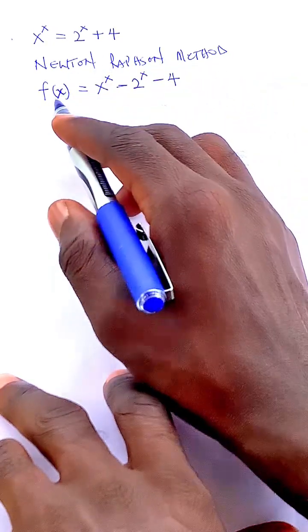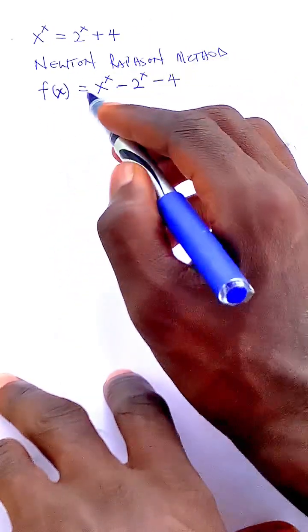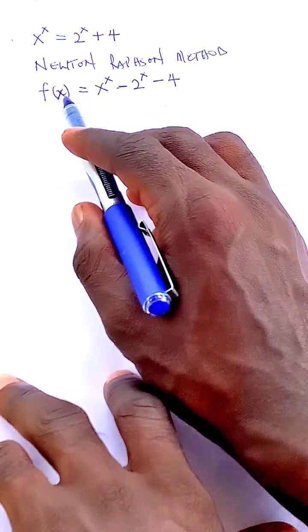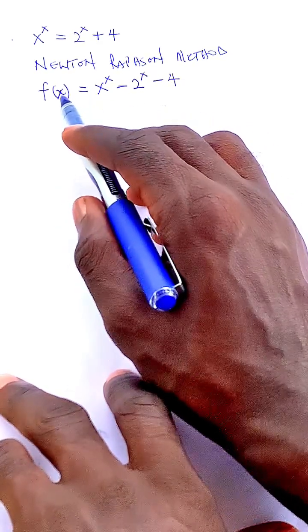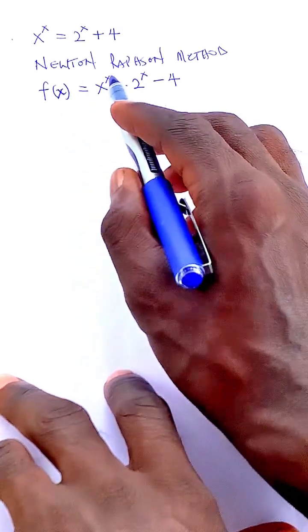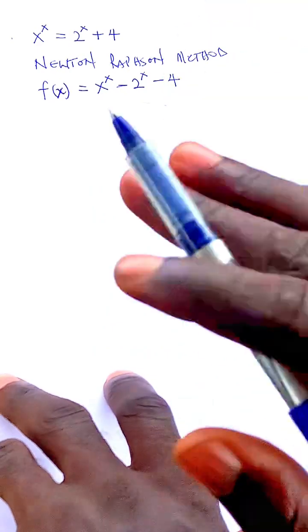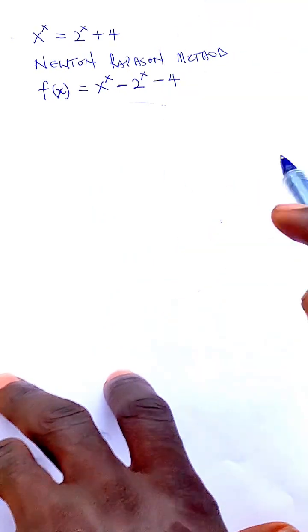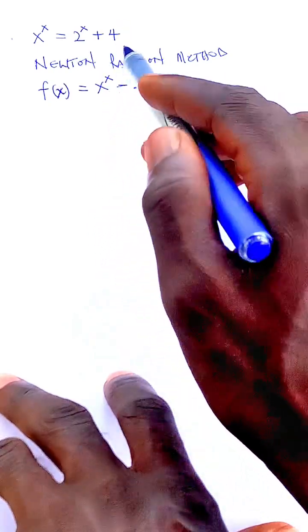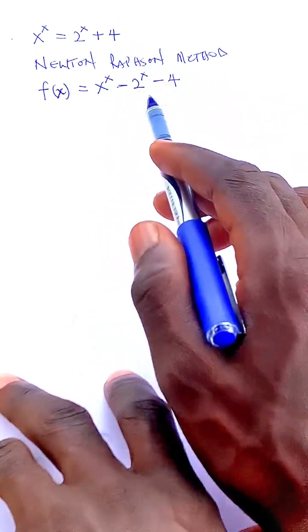So you have this. The next thing that you will do is to check the value of x. We want to do some checking that will be equal to 0. If any value of x makes this expression equal to 0, that is the answer. But in this case, there is no value of x that will make the result equal to 0.